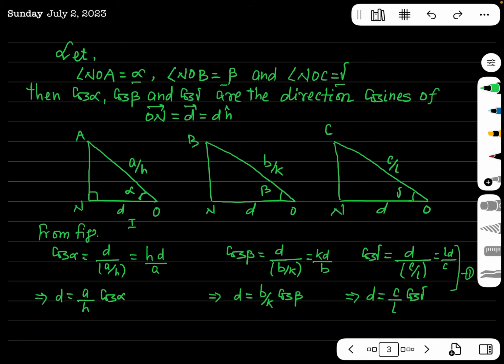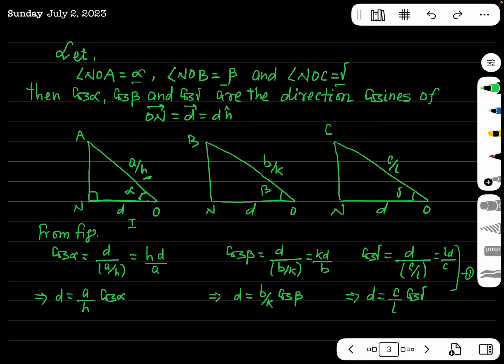OA, which is the intercept of the plane ABC on the first crystallographic axis, has length equal to a by h, and the length of the perpendicular ON is equal to d. So in this first figure you can see I have marked ON is equal to d and OA is equal to a by h.